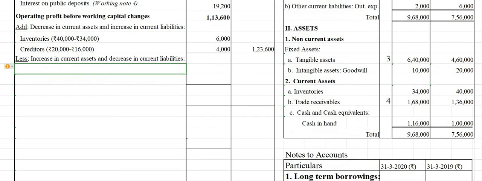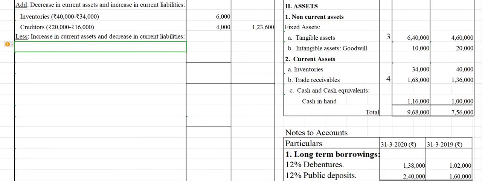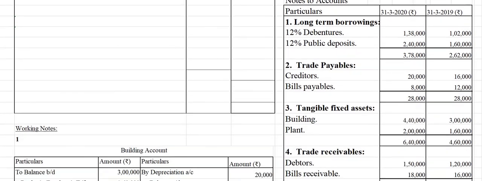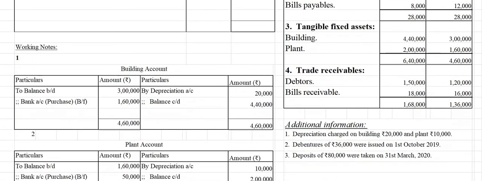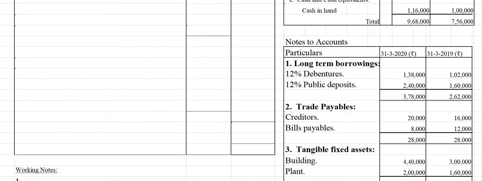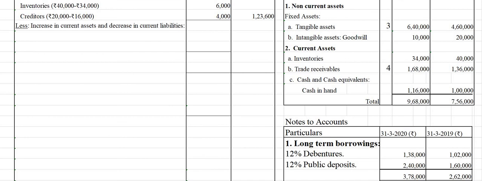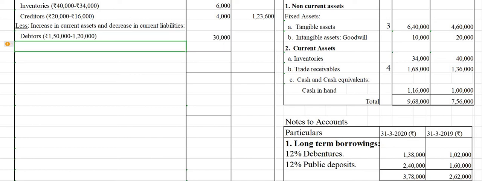Okay. So increase in current assets. Current assets we have seen here. Yes. Debtors 1,20,000 has increased to 1,50,000. So we can write debtors first. Debtors 30,000 is the increase.